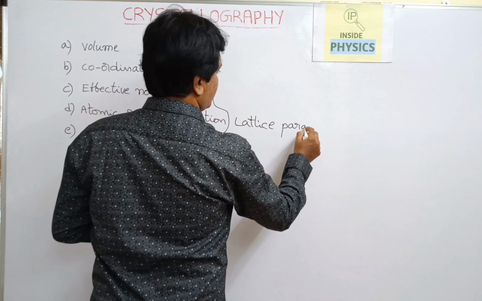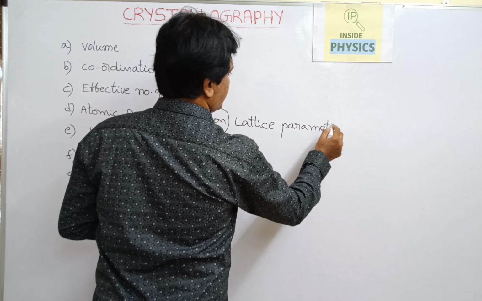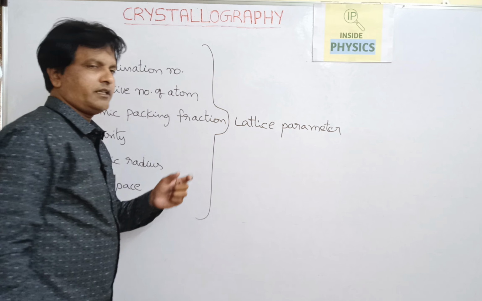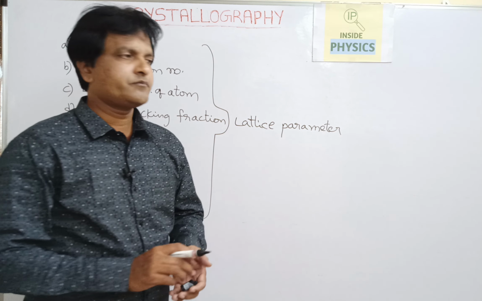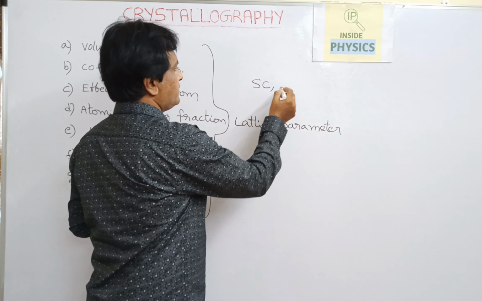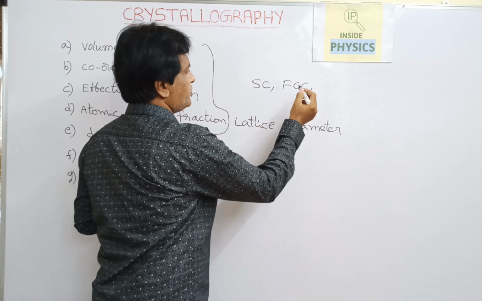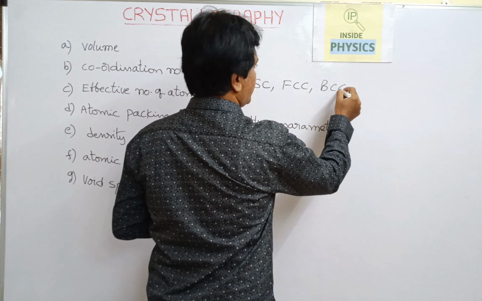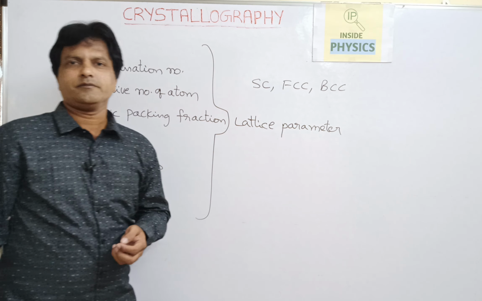We have three cubic structures. The cube is a basic unit cell and we have simple cubic, face centered cubic, and body centered cubic structure.